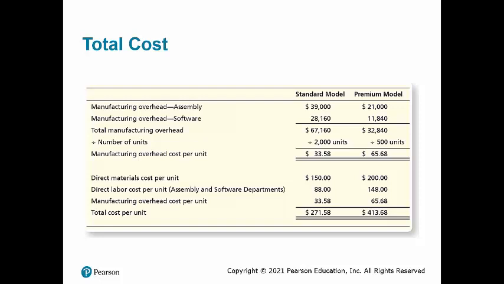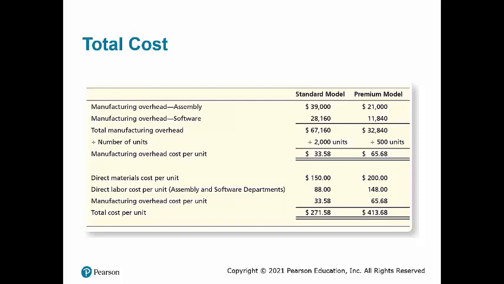So we can see on this slide that now $33.58 of manufacturing overhead will be applied to each unit of the standard model. $65.68 of manufacturing overhead will be applied to each unit of the premium model.